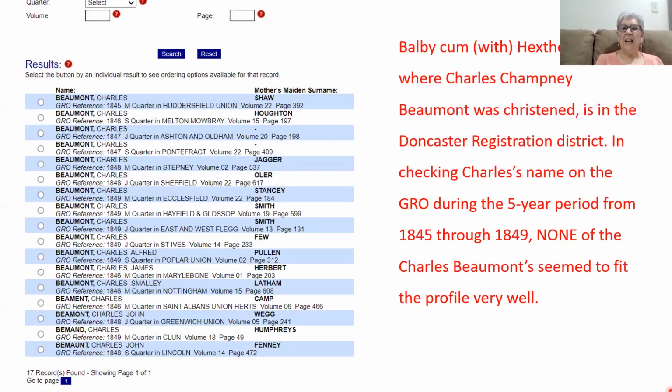So as you can see, I looked, and in checking, I didn't find any Charles Beaumont there in the GRO. Now, this could be because of a couple of reasons. Number one is that in 1837, when the GRO, the General Register Office, started, many people did not register their births at first.